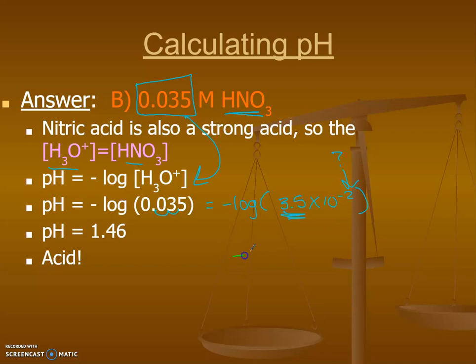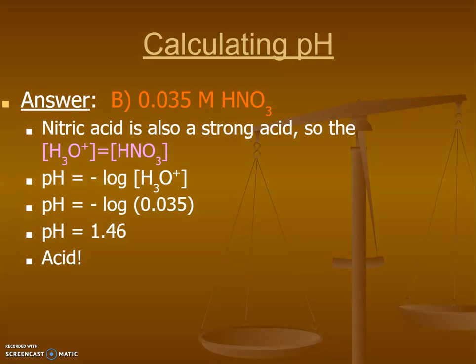That would be the negative log in our calculators, the negative log of 3.5 E negative 2. And you have to use this E button, not this E button. We're going to get to that shortly. This is going to give you a value of 1.46, which means it is an acid.